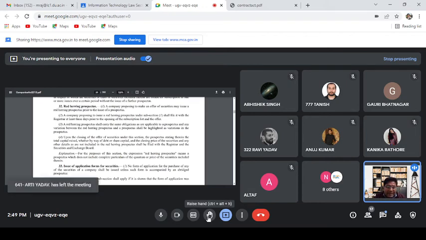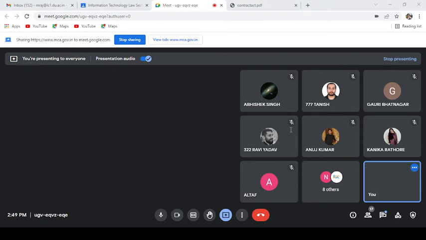Now the next topic is, what are the matters that have to be written in the prospectus, and for that we have to read section 26. Yes, please read section 26. Section 26.